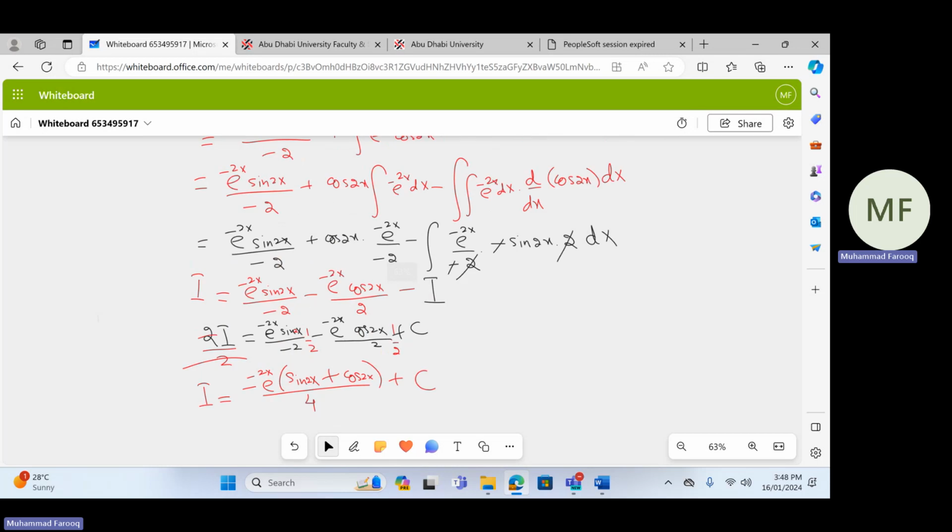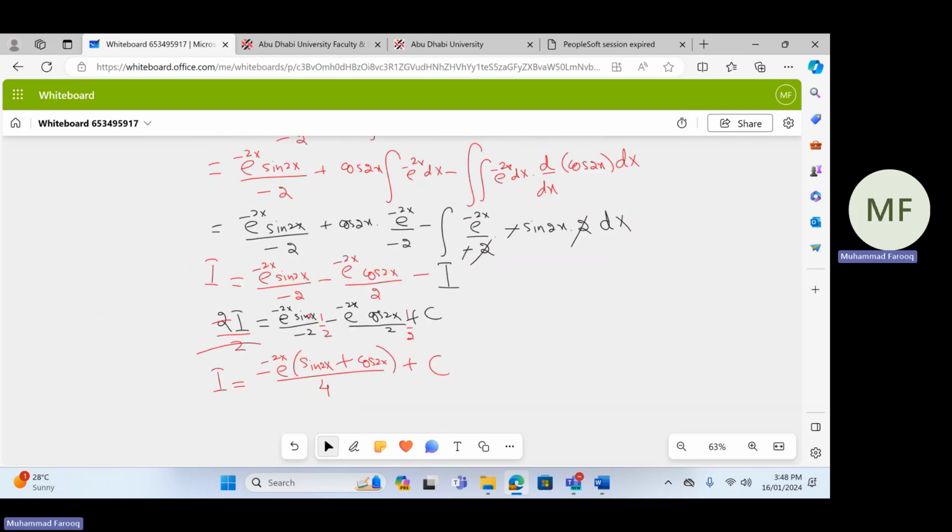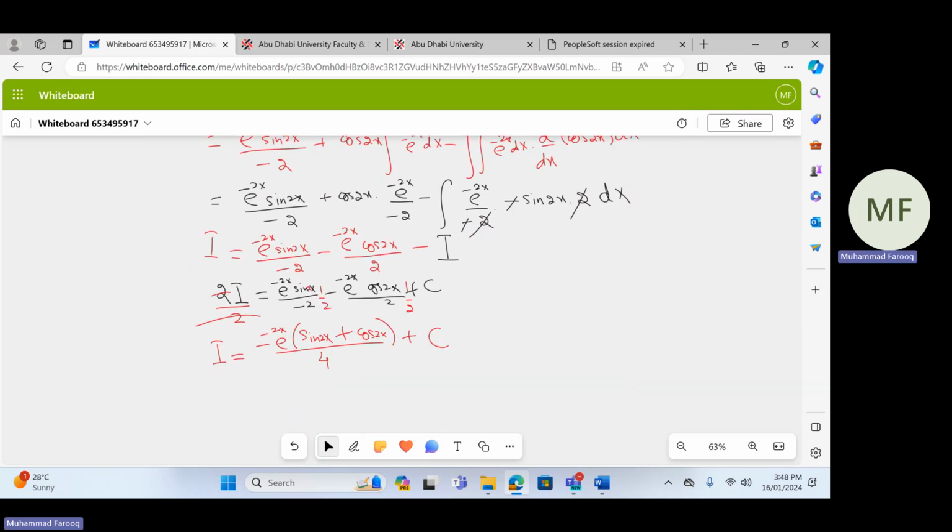You can put the e power on the floor. The negative sign changes the power: if you move it down, you can write it there with positive power.